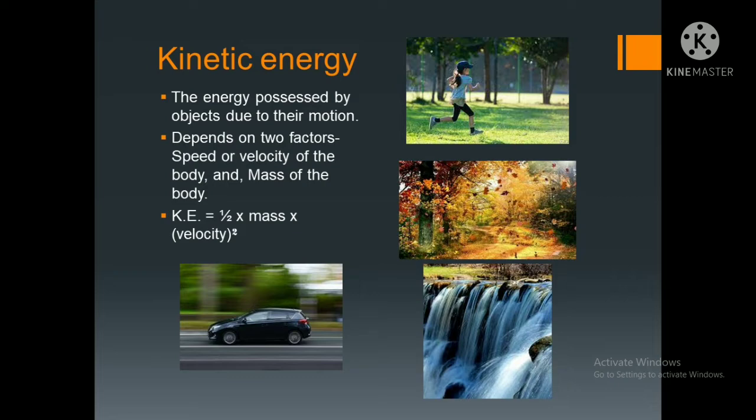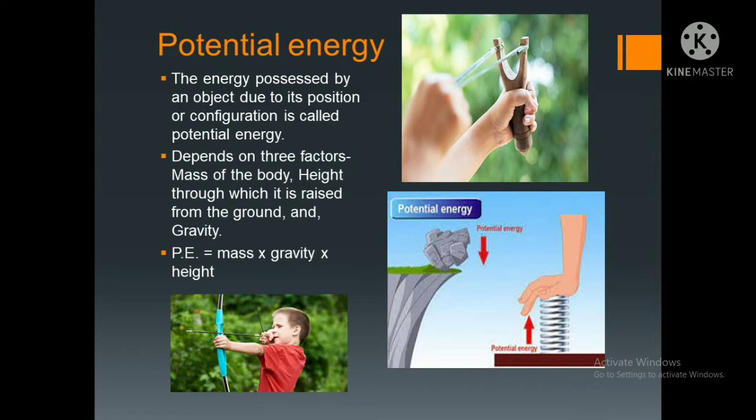Now let's talk about potential energy. Potential energy is the energy possessed by an object due to its position or configuration. It is how much energy you are giving to do that work. You are not doing that work now, you are just being ready to do it. So that is potential energy.